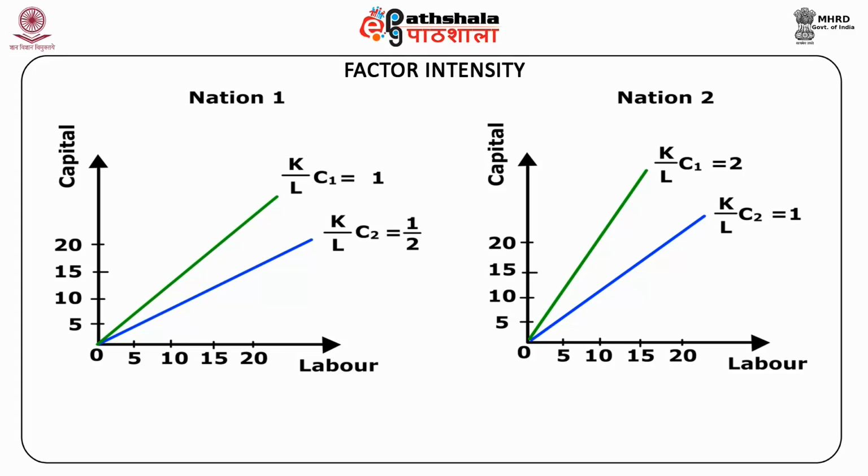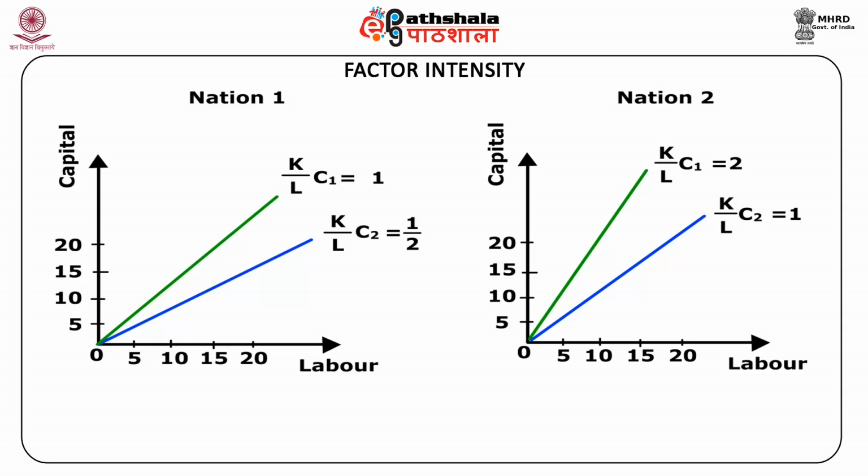In the production of commodity Y, it is 1 upon 2, which is shown by the blue line. Since K by L for commodity X is greater than K by L for commodity Y, this implies that commodity X is capital intensive and commodity Y is labor intensive.